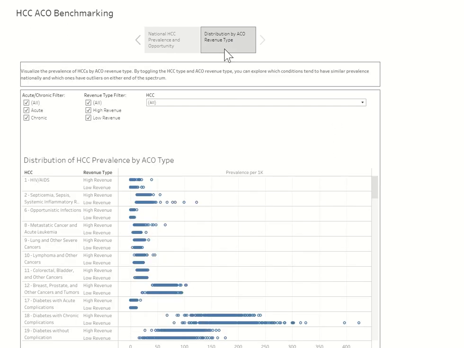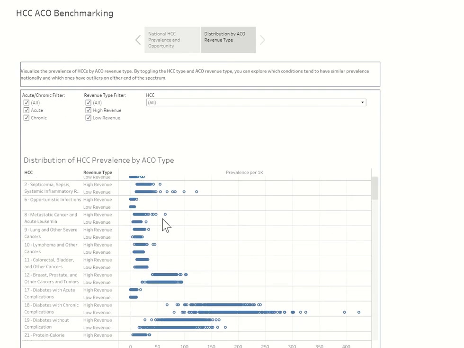Additionally, we conducted analysis looking at the distribution by ACO revenue type, either high revenue or low revenue. A really interesting insight from this analysis comes from looking at individual HCCs. For instance, for HCC 18, diabetes with chronic complications, we see that lower revenue ACOs have a very wide distribution of prevalence within their populations, but it does tend to be a little bit higher than high revenue ACOs.